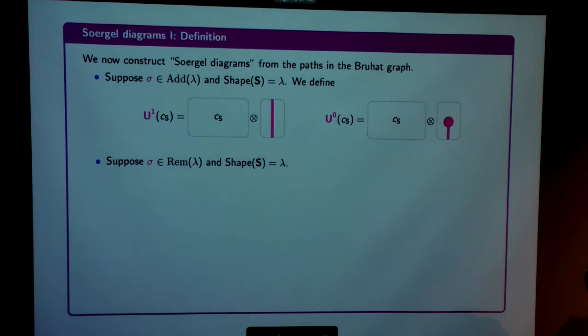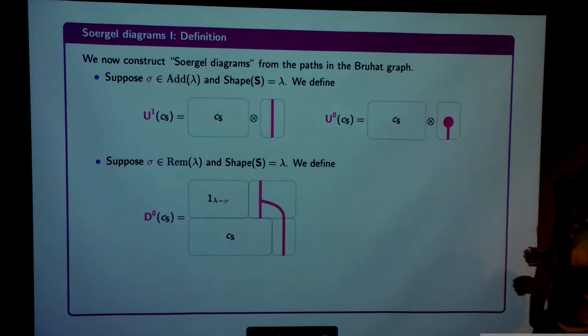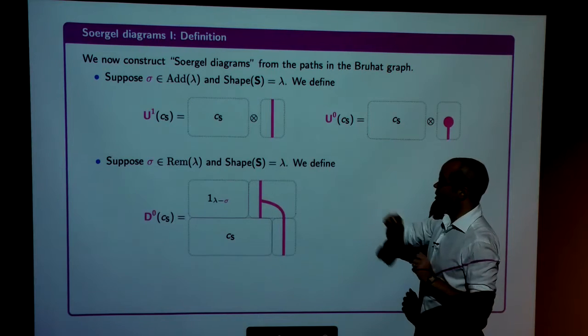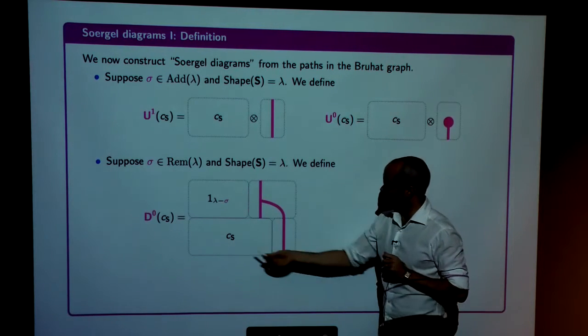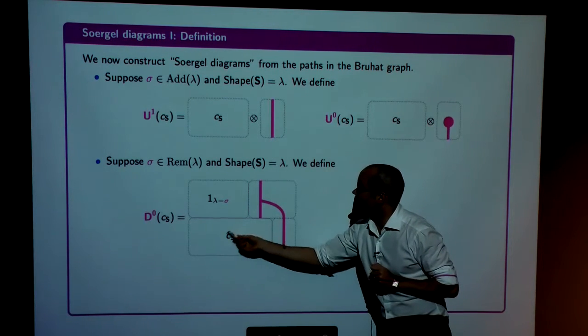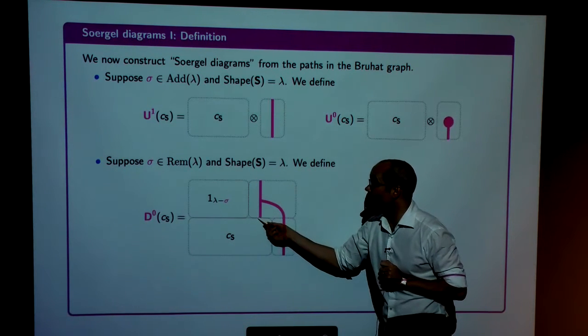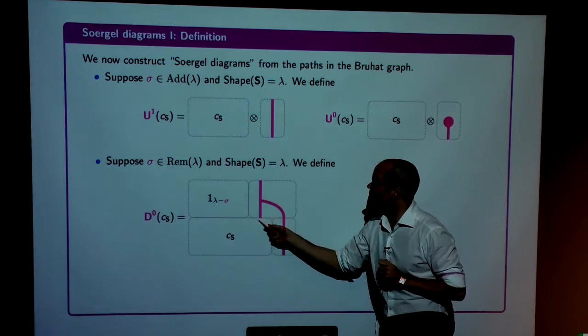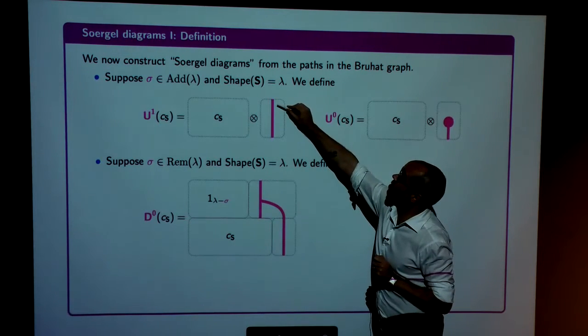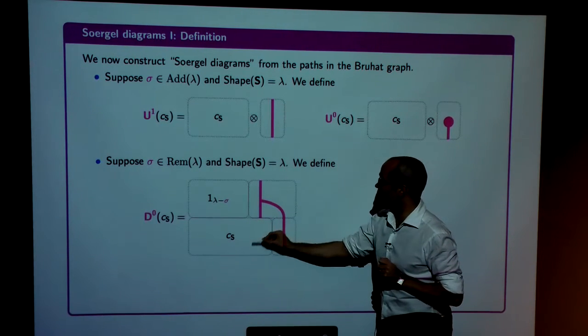Okay. Now, what if it's the other one? What if I could have gone down? So what about D0 and D1? Well, if I fail to go down, what happens? The existing diagram S already had a pink at the top, because I must have done this at an earlier step.